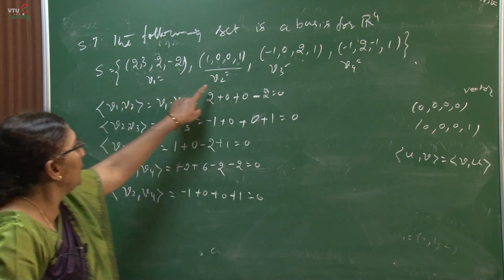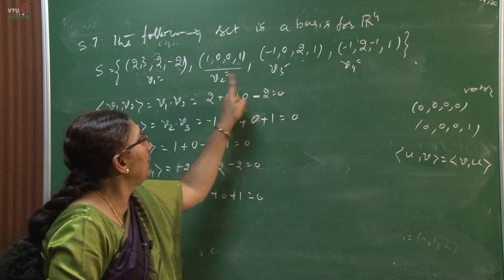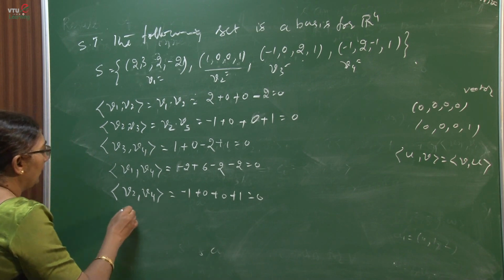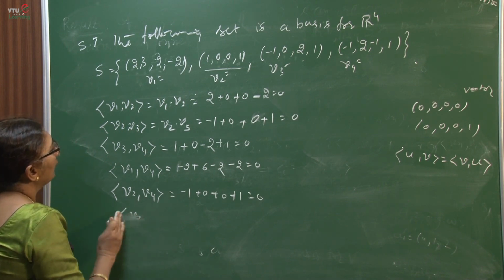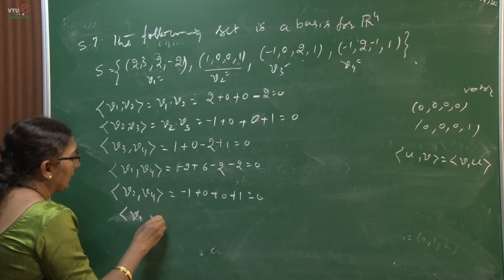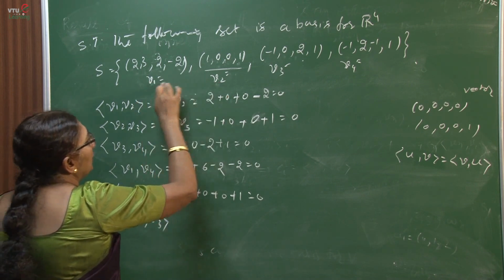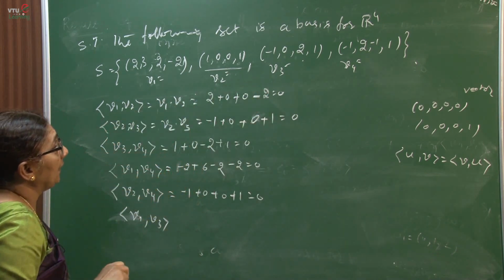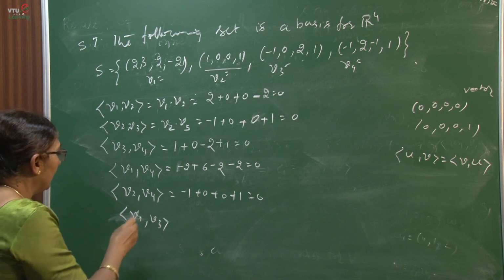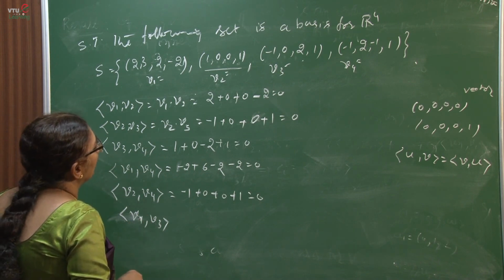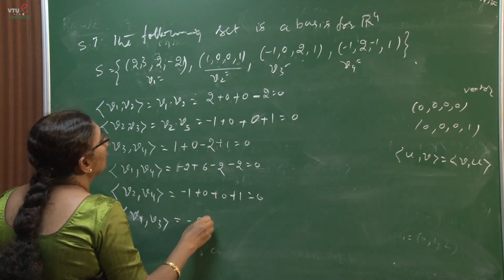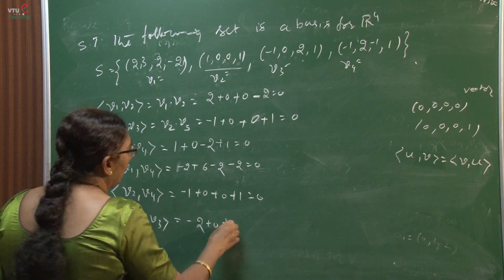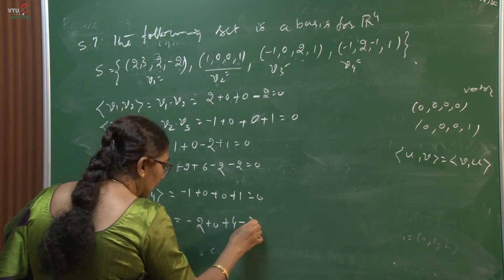Now we have taken all the combinations of V2, V3, V4, but V1 with V3 is not there. We have V1 with V2, V1 with V4, V2 with V3 and V2 with V4, and this is the last one: the inner product of V1 comma V3 I have to calculate. 2 into minus 1 is minus 2, 3 into 0 is 0, 2 into 2 is 4, minus 2 into 1 is minus 2, we get 0.